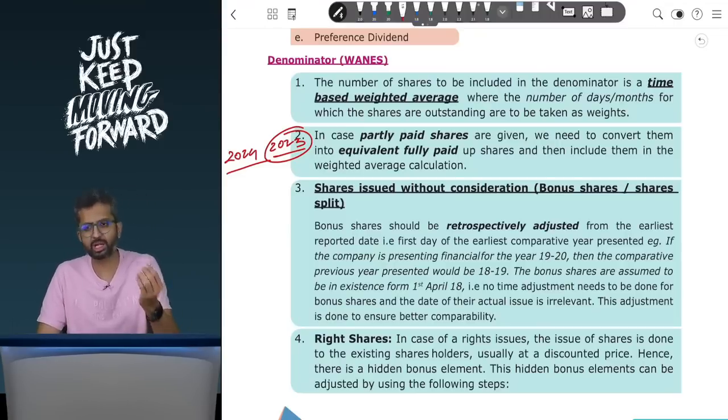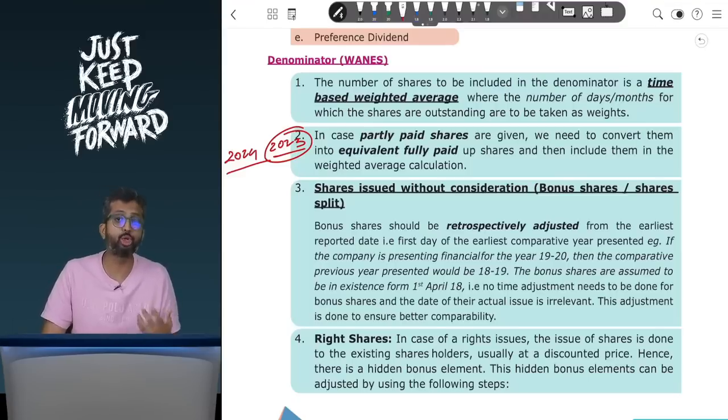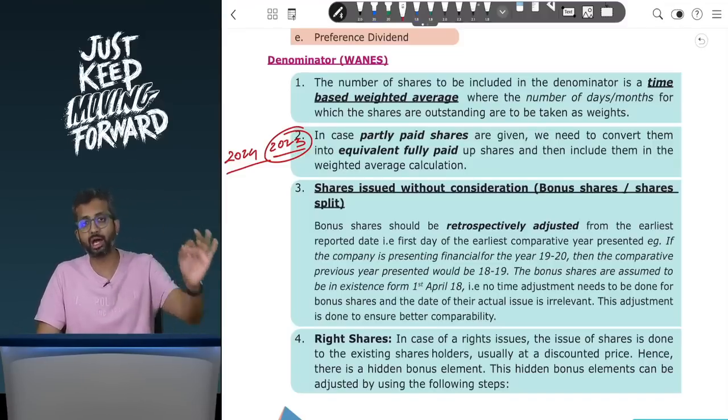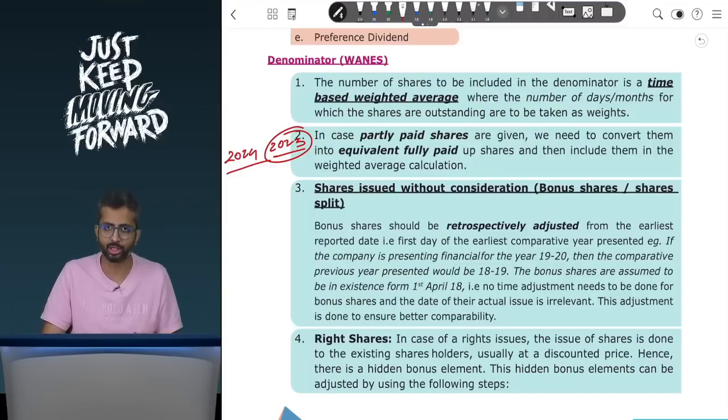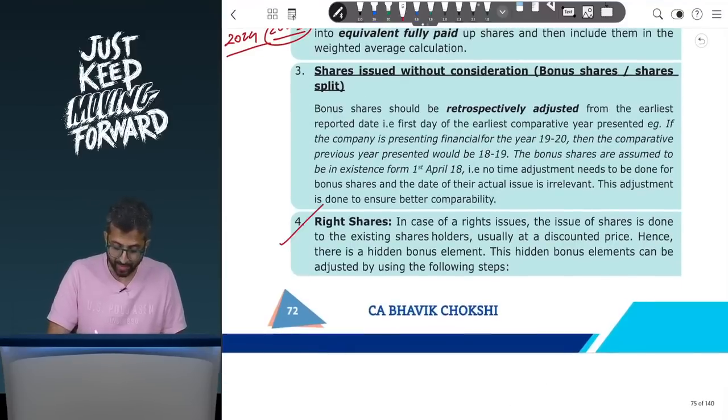If shares are coming for consideration, then yes, that will result in you having some money which you can deploy and earn a profit. Bonus shares is just a book entry. Share split is just a book entry, and hence you will assume that they are in existence from the earliest reported date.